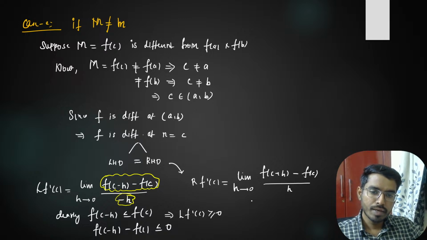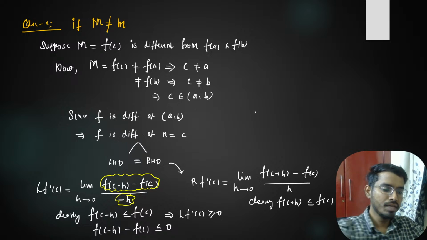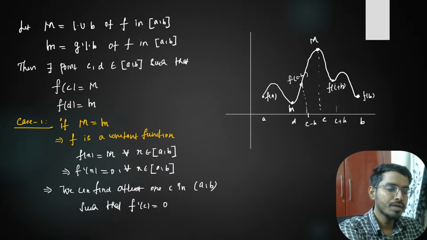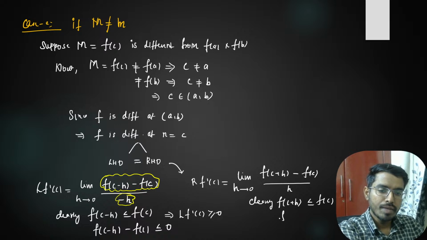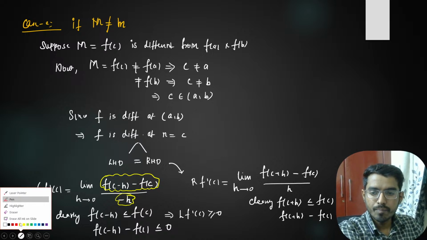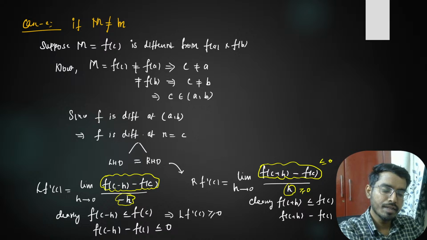Now similarly here, clearly f of c plus h is always less than or equal to f of c, right? So c plus h will be somewhere around here, and this is f of c plus h, and this value is less than or equal to capital M. That means your f of c plus h minus f of c is again less than 0. So this quantity is less than 0 and this quantity is greater than 0.